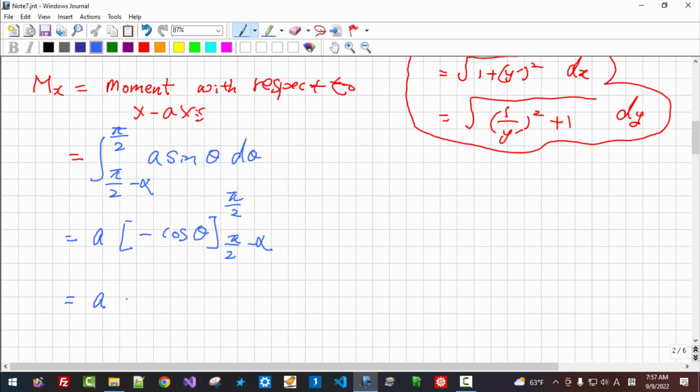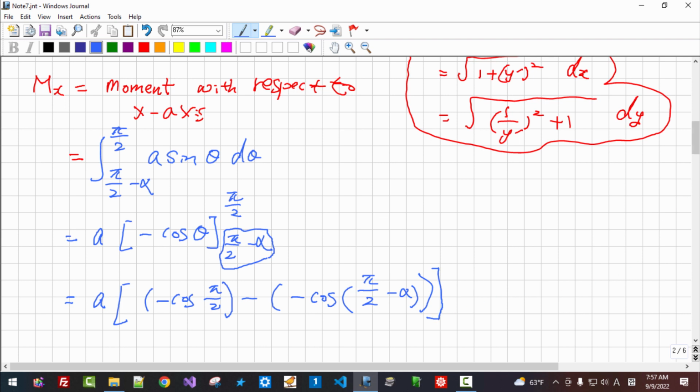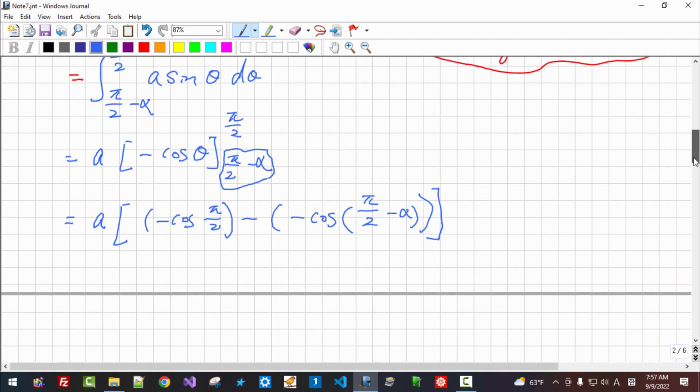Then a times minus cosine of pi over 2 minus cosine of this lower limit, pi over 2 minus alpha. We need to compute this.